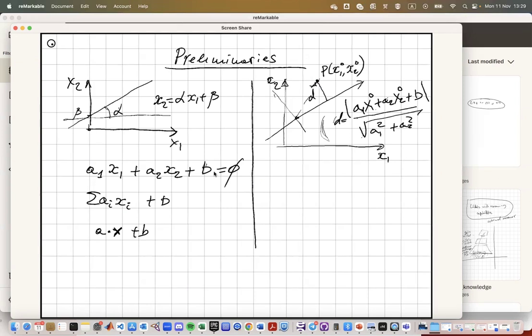And the last part of the preliminaries concerns solving optimization problems. Very briefly, I want to give you the idea about optimization using Lagrangian multipliers.